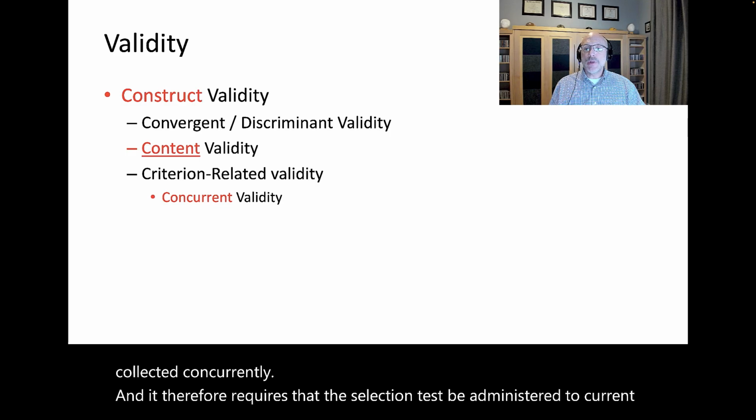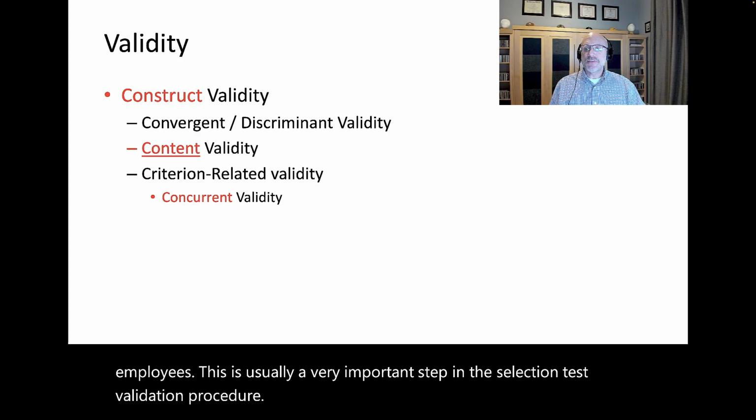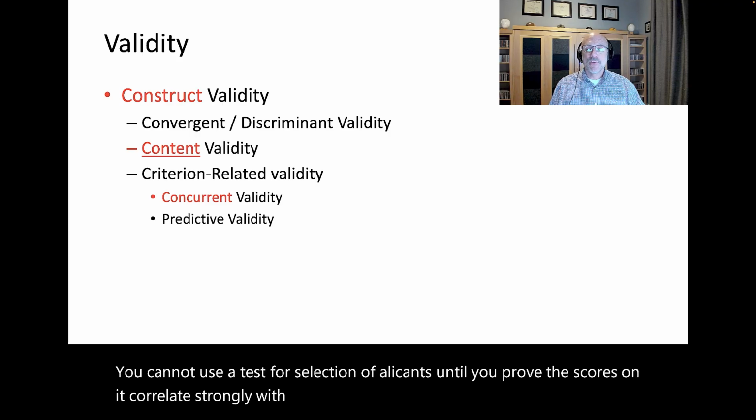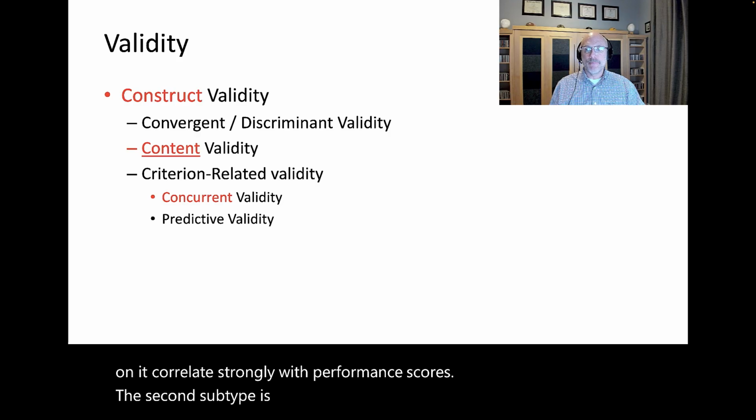This is usually a very important step in the selection test validation procedure. You cannot use a test for selection of applicants until you prove that scores on it correlate strongly with performance scores.